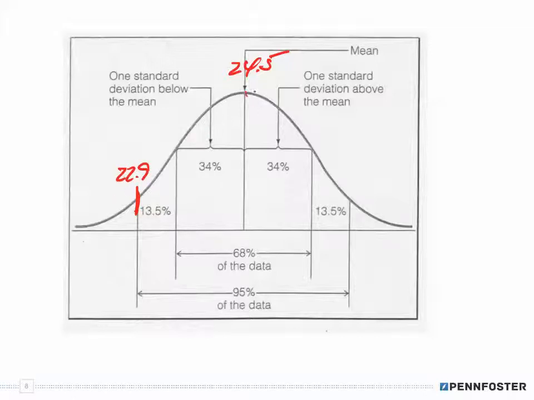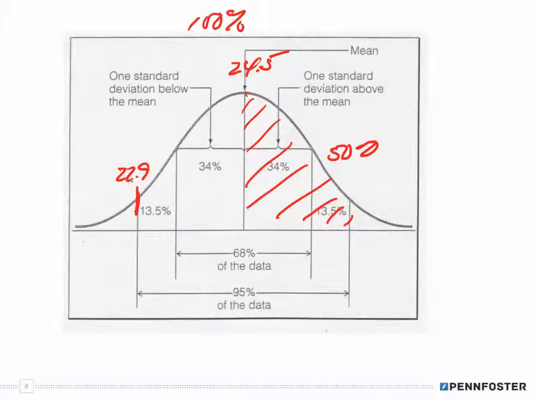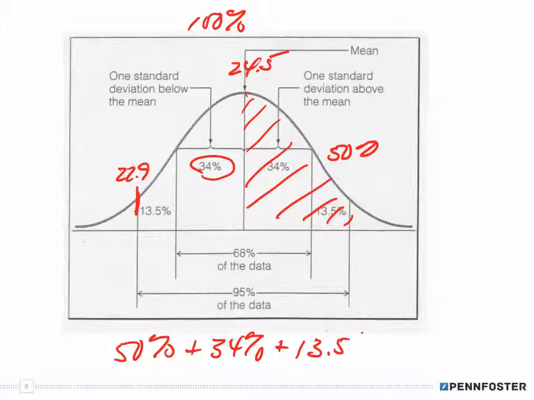So what does that mean? Well, all of this area up to the mean covers 50%, because remember, everything under the bell curve is 100%. And if 22.9 is 2 standard deviations, that means it's 50% plus the 1 standard deviation of 34% plus 1 standard deviation of 13.5%.